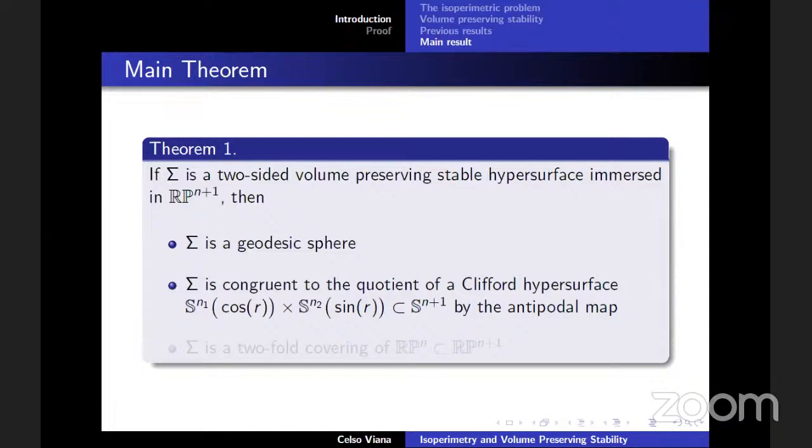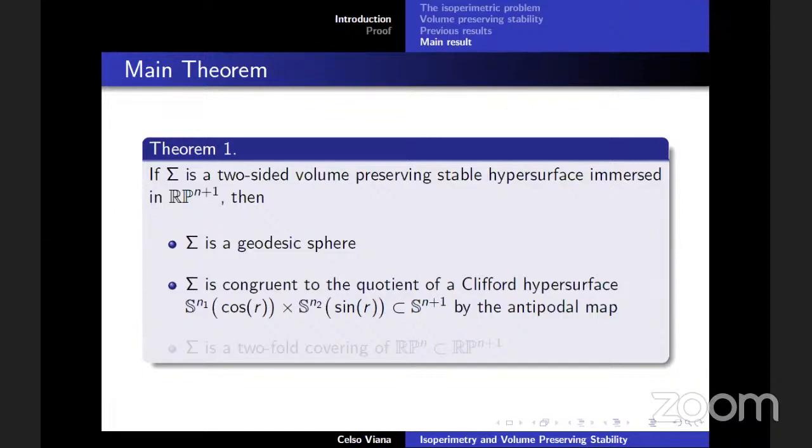They are given by the product of two spheres, and they live in the round sphere, but they are invariant by the antipodal map. So if you quotient, you get a very nice embedded hypersurface in the real projective space.